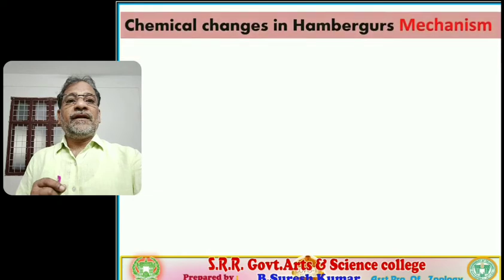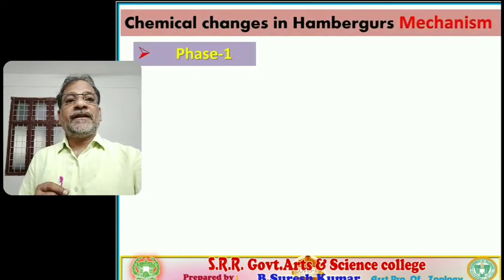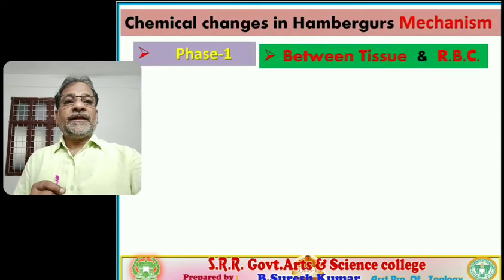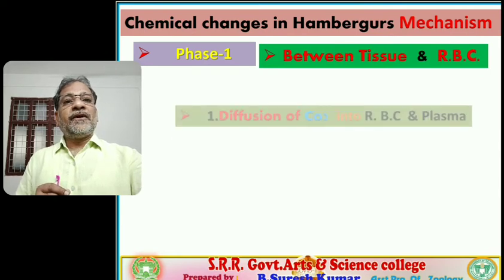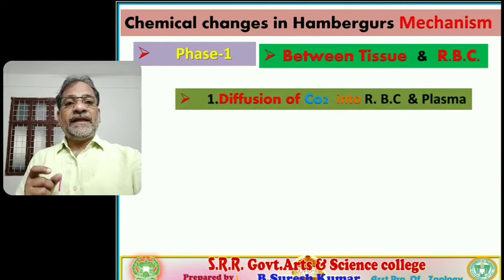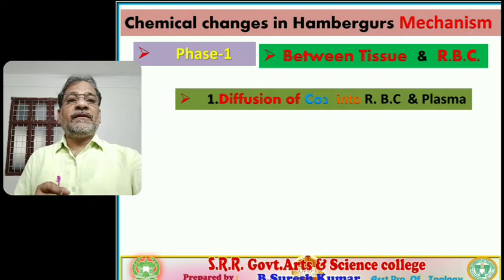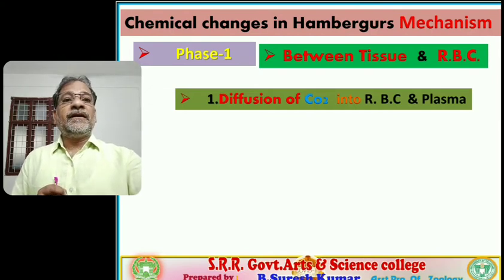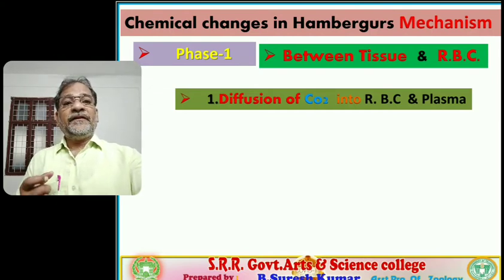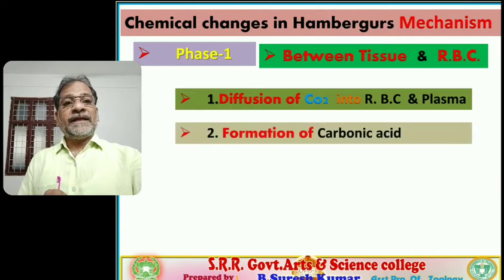So phase 1, the chemical changes occurring in phase 1. It takes place between tissue and RBC. The sequential events restricted to phase 1 are as follows. The first event is diffusion of carbon dioxide into RBC and plasma.